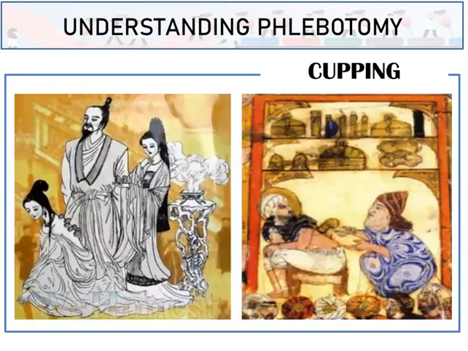Okay. The second method of phlebotomy is cupping. Currently, this one is called ventosa, where a cup will be placed at the person's back, and then the cup will be heated. As the cup cooled, it created a suction, and through suctioning, of course, the blood would be pulled as well.